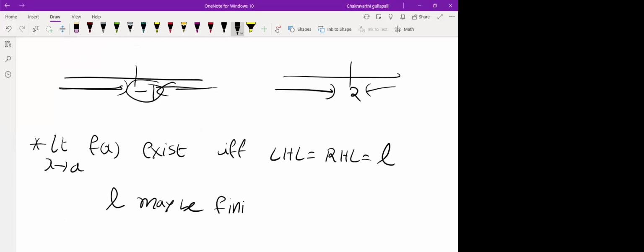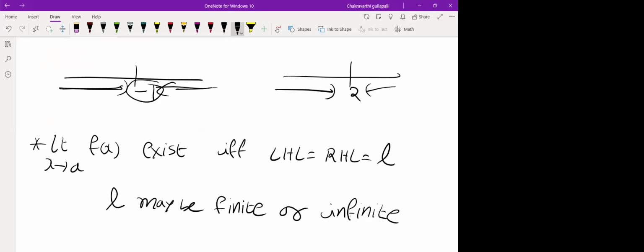Need not be finite only. Generally, students have an impression that if it is infinity or minus infinity, it does not exist, and they write so. It is not correct. Whether it is infinity or minus infinity, or finite, we still say the limit exists.